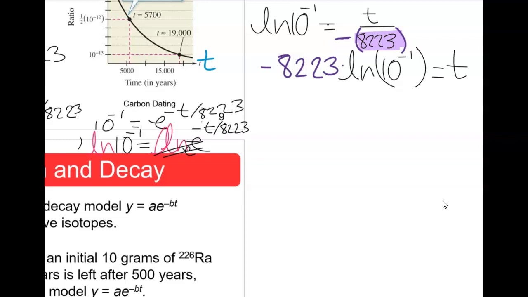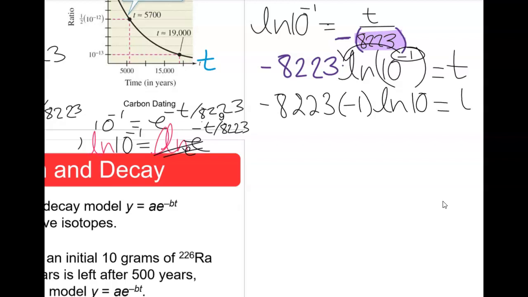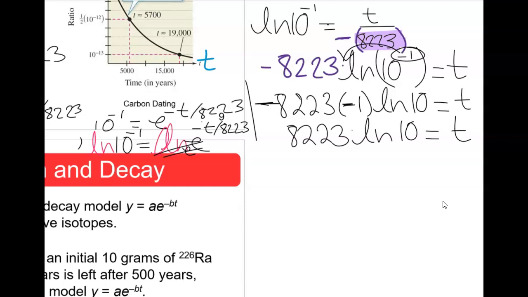Another thing we could do is use the power property, so that negative 1 will be here in the front, like a coefficient of the ln 10. And so here we will have a double negative multiplying. So then this will be positive 8,223 times ln 10 equals t.